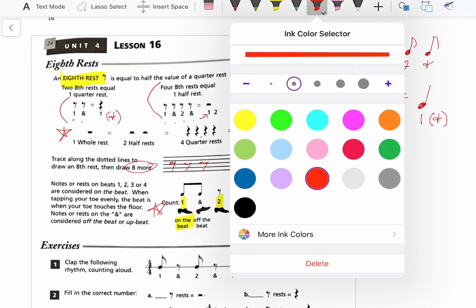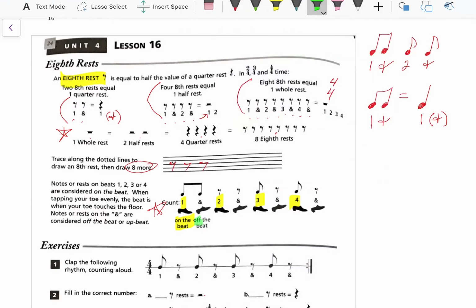Now if I'm talking about the ands, this is where my toe comes up. So it's down, up, down, up, down, up. And off the beat is when it's up on the ands. If you're being steady, it's always going to land that way. Down, up, 1 and 2 and 3 and 4 and. All right, so that's how that works. Those are important terms as we get into more challenging rhythms.